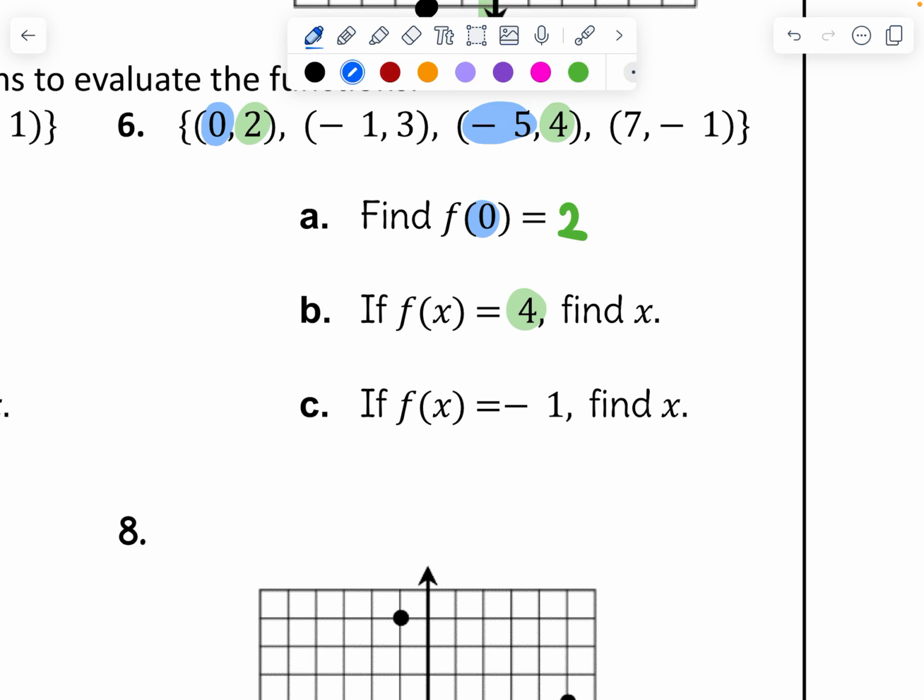So in function notation, we write that f of negative 5 equals 4. If f of x equals negative 1, the output is negative 1. That means the input was 7. So in function notation, we would write f of 7 equals negative 1.